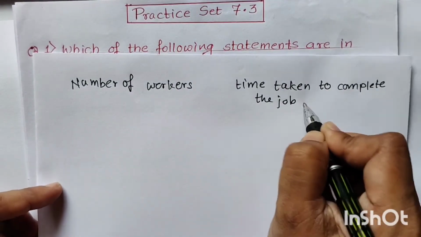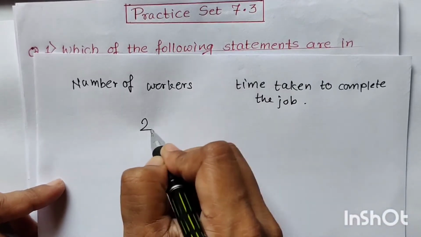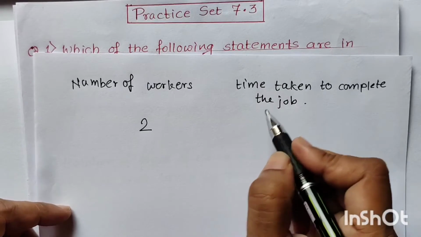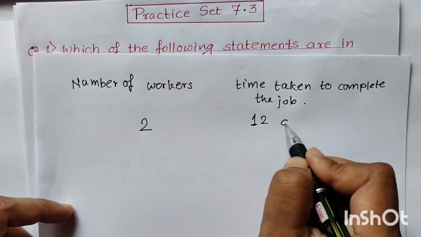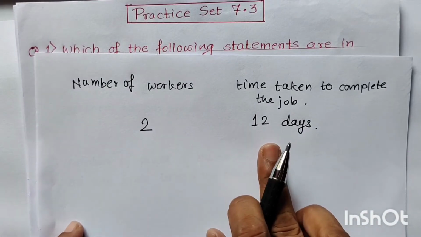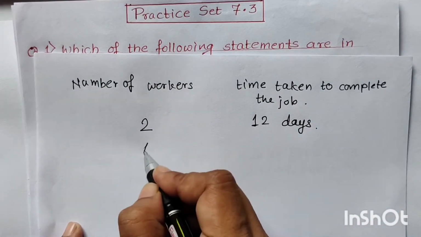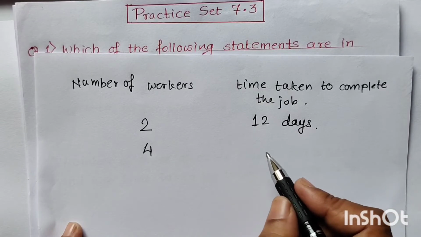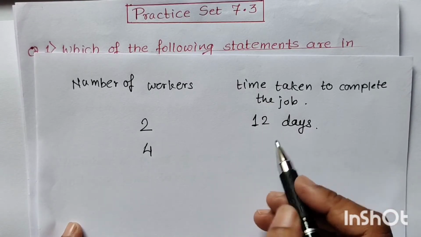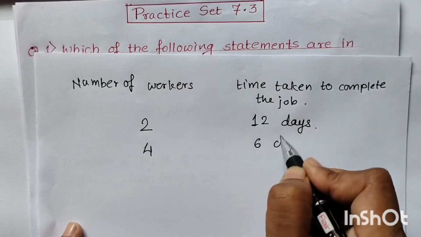If there are 2 workers and time taken by them to complete the job is maybe 12 days. If 2 workers take 12 days, then 4 workers can take how many days? The number of days will be decreasing. It will become 6 days, correct now?